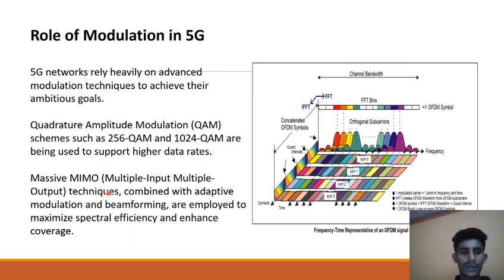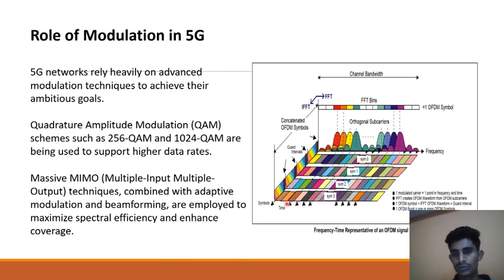Massive MIMO, multi input and multi output, combined with adaptive modulation and beamforming, are employed to maximize spectrum efficiency and enhance coverage.